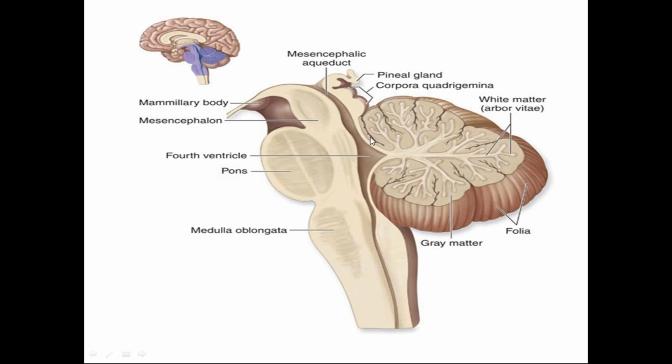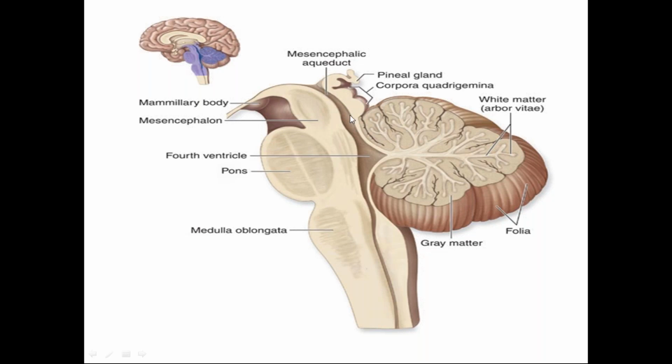So this is a very clear picture showing you the posterior part of the midbrain. This is the superior and the inferior colliculus, which are called the corpora quadrigemina, or we also call them the tectal plate. This is the cerebral aqueduct.